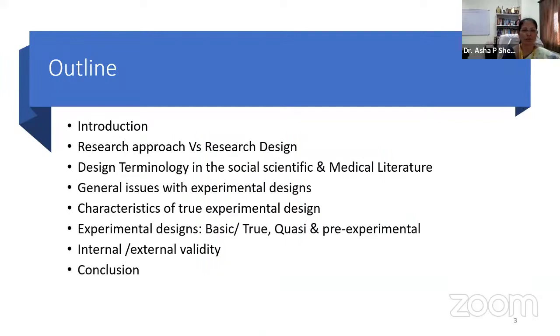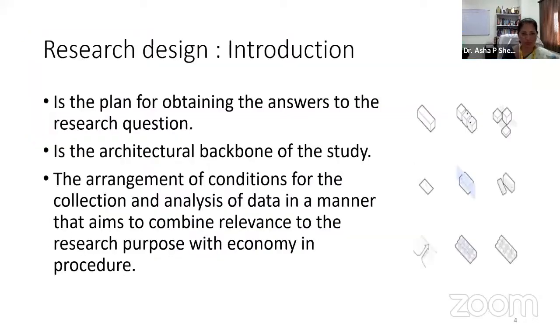We will first see what research approach and research design are. It was already discussed yesterday. And also the terminologies, which sometimes confuse us between social scientific research and the medical literature. The general issues we need to know about experimental design, and some of the true, quasi and pre-experimental designs, and then we will conclude the session.